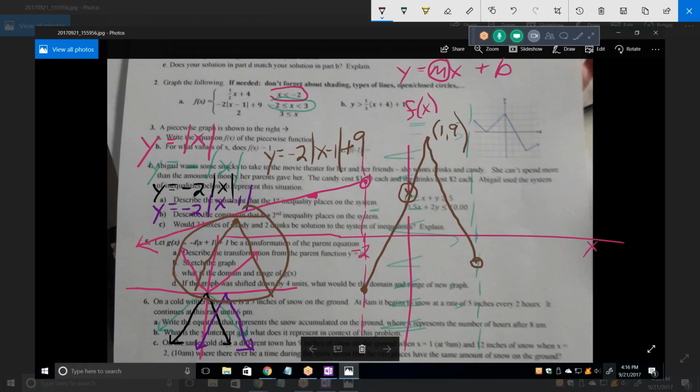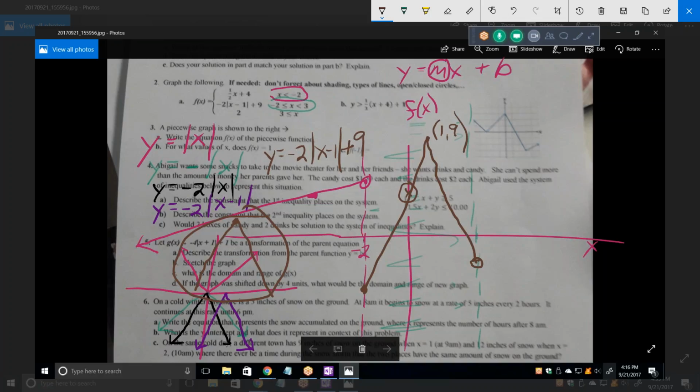Start with inside the absolute value first. What you're plugging in is 0 for x. So 0 minus 1 is -1. I don't want you to start on the left.